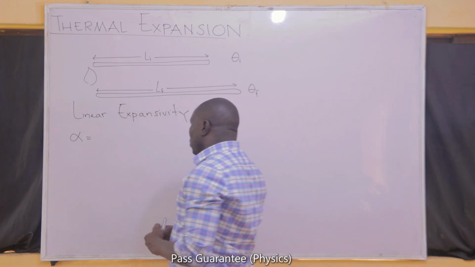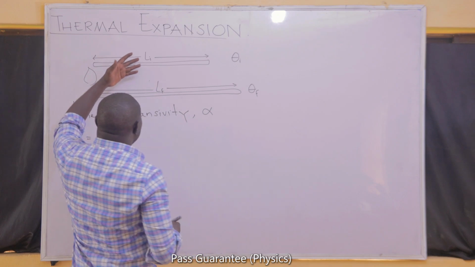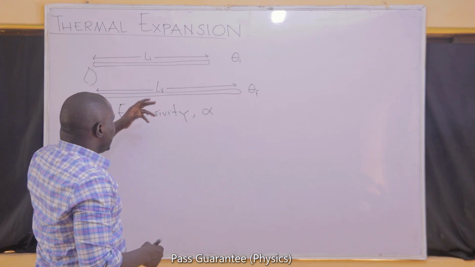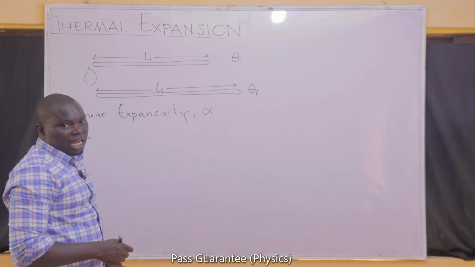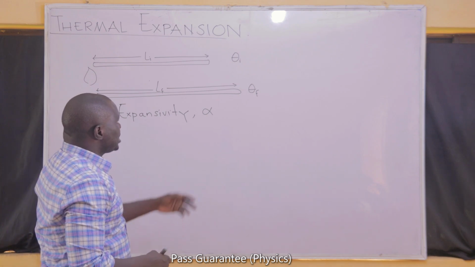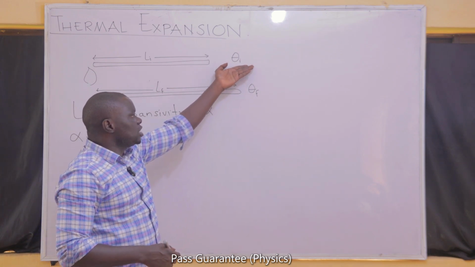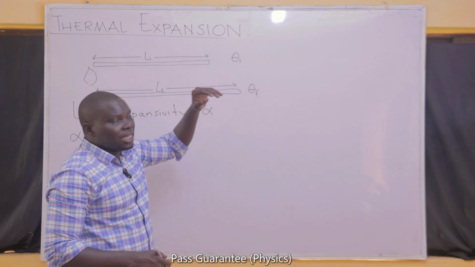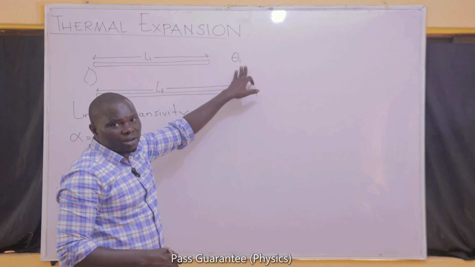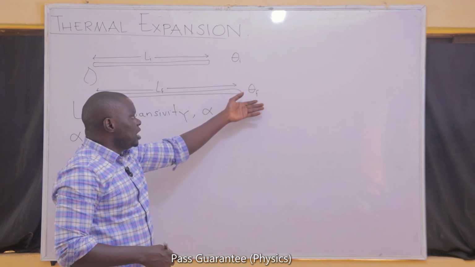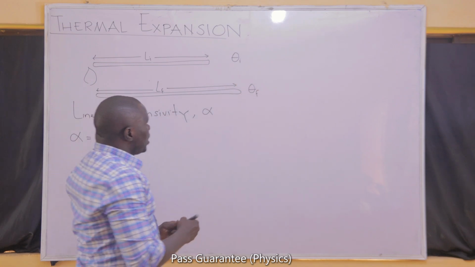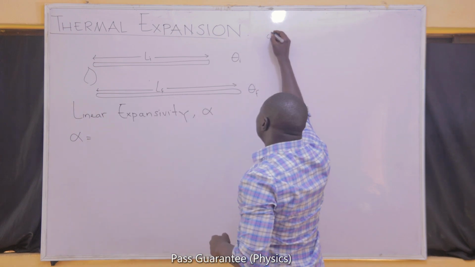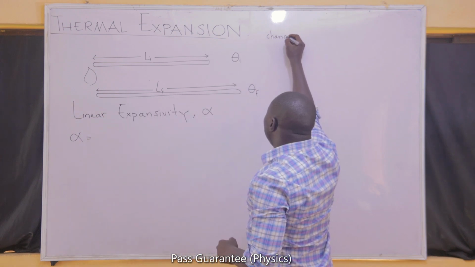If I write that out, we understand that the initial length of this material is Li, and the final length of this material is Lf. We also understand that its initial temperature, that's the temperature before heating, or the temperature at which the length is Li, is theta I, while the temperature after heating is theta F. I can be asked to find the change in length.